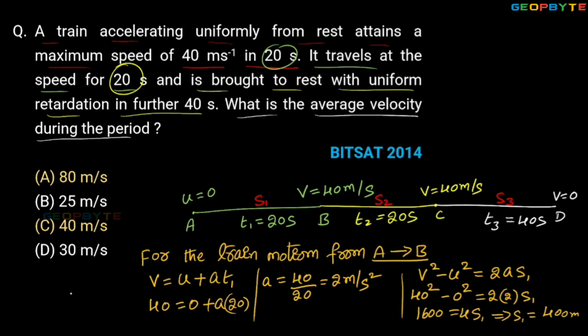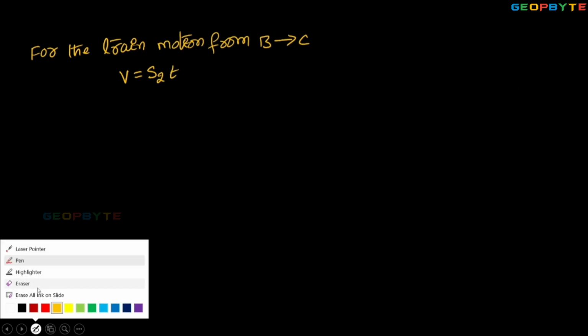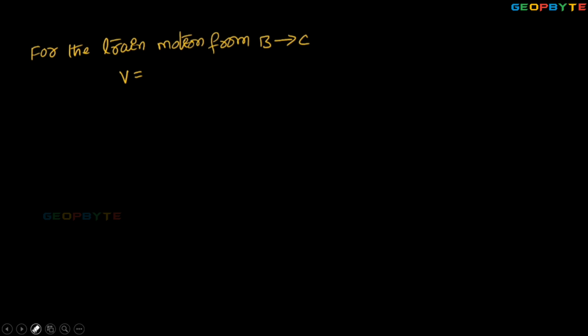Okay. Similarly, for the train motion from B to C, listen carefully. For this case, velocity remains the same. Velocity equal to displacement S2 by time T. Velocity equals displacement by time.